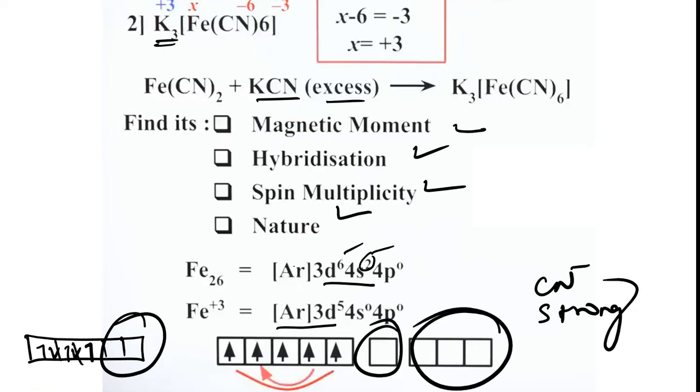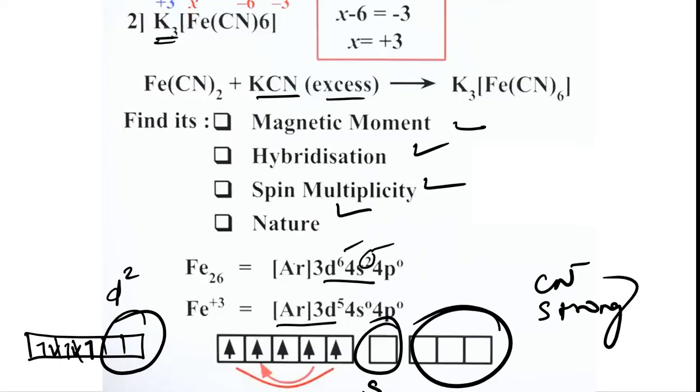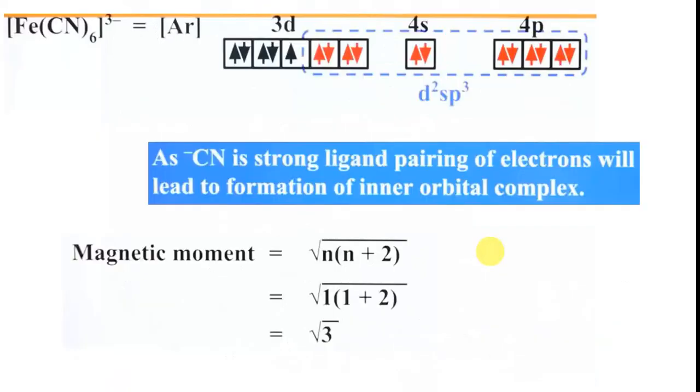So this is 2 d orbitals, and here this is 1 s orbital, and here this is 3 p orbital. That's it. So listen here, the cyanide ion places its electrons over here, that is in 2 d orbitals and in 1 s orbital and 3 p orbitals. So the final hybridization is d2sp3, and it's a strong ligand pairing of electrons.